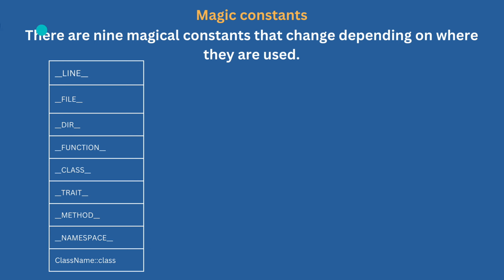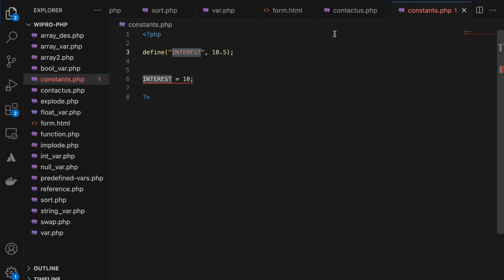And some magic constants. Like you see some predefined variables are there, similarly some predefined constants are there, which are known as magic constants. What do they do?